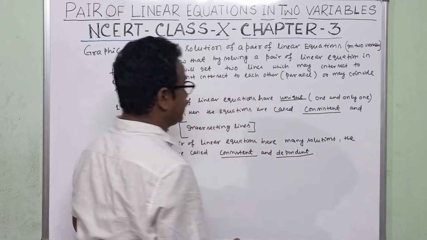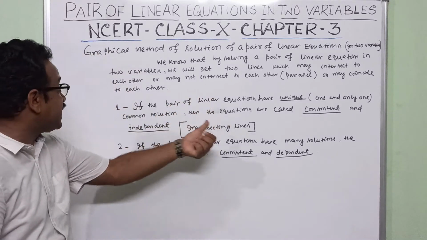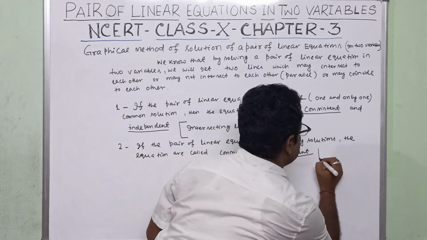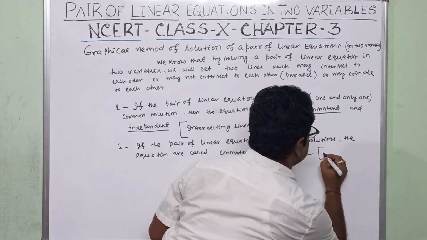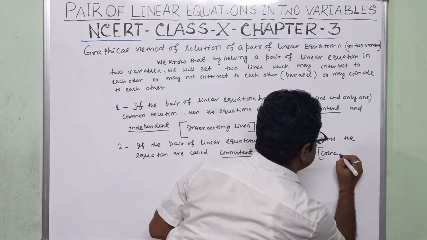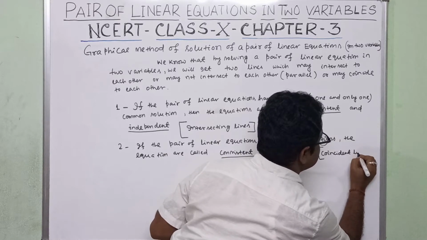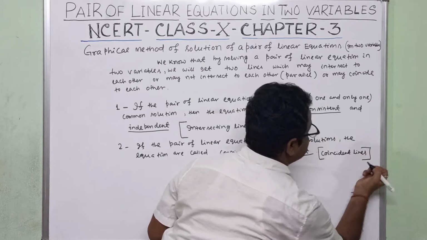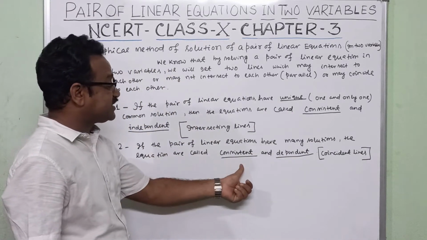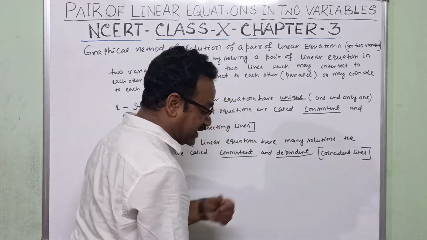Consistent has two types: consistent, independent; consistent, dependent. Which are? This is your coincident lines. Equations are called consistent and dependent.